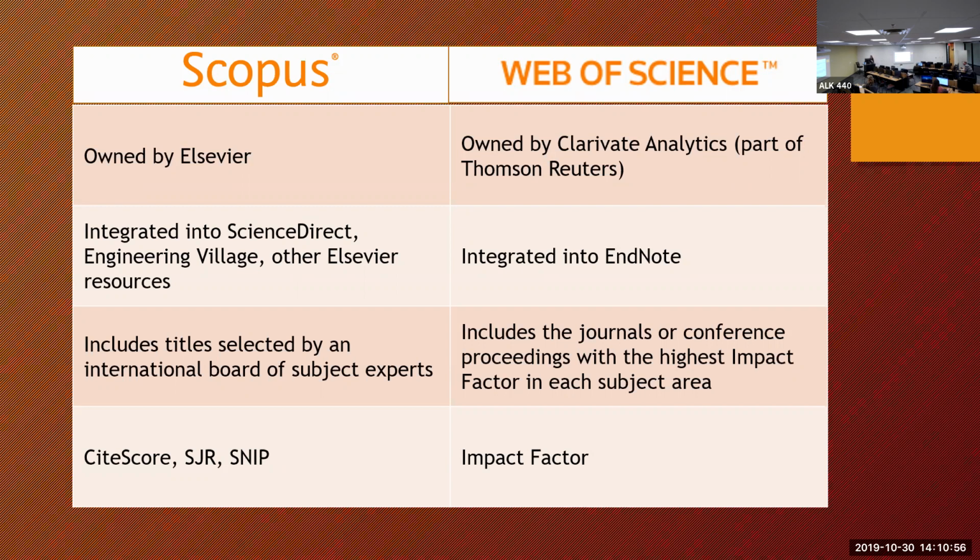And then they also define their subject areas differently. So something that is the top journal in plant science in one may not be in plant science at all in the other database. So I think it's interesting to compare between the two in your subject area and see what are the differences, what are the top journals in each one.